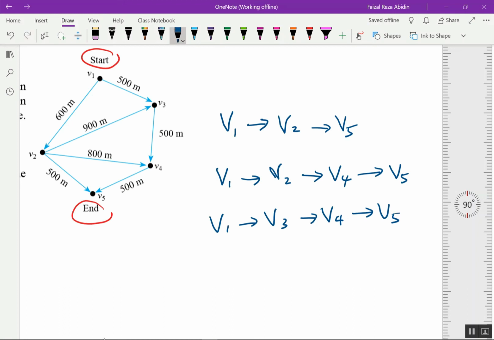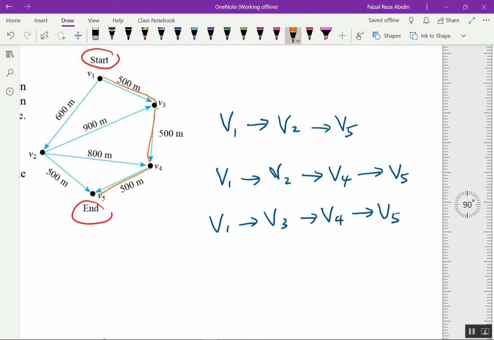Next, we have the second route, given here: V1, V2, V4, and then V5. Then the third route, we have V1, V3, V4, and then V5. All routes given.